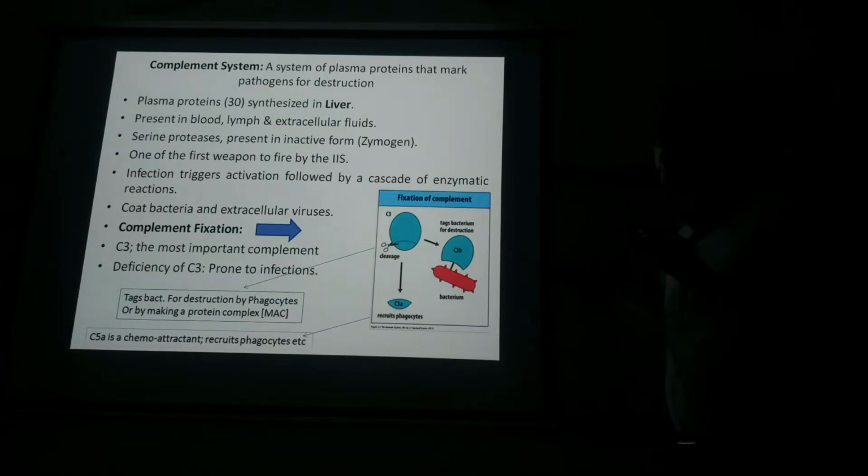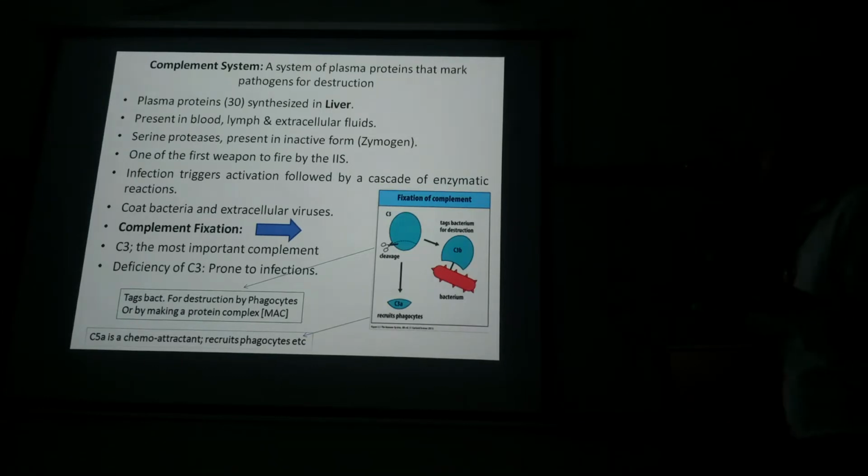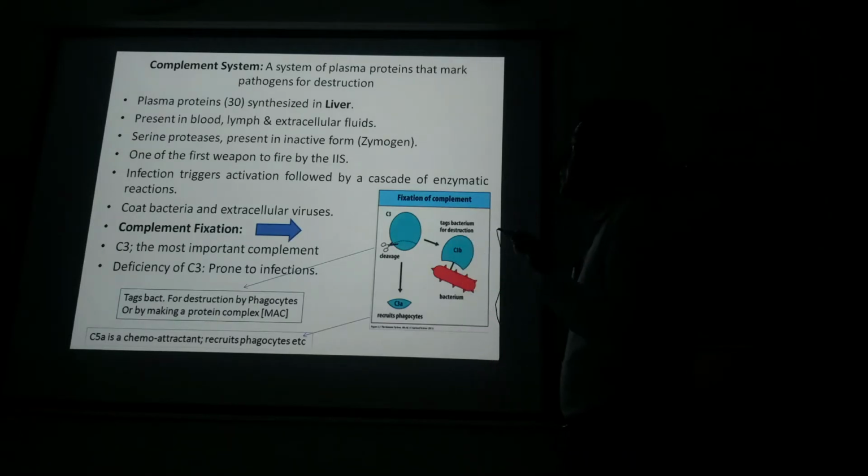About 30 different plasma proteins are synthesized in the liver, and these proteins are the major weapons of the innate immune system, the primary weapons fired when they see some kind of infection. They are present in the blood, lymph, and extracellular fluids.